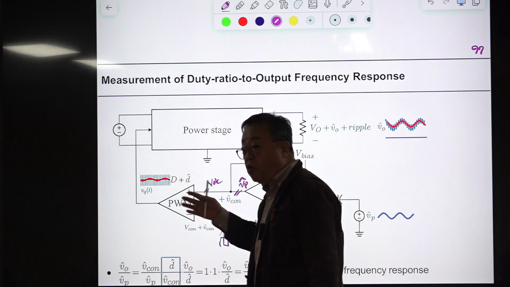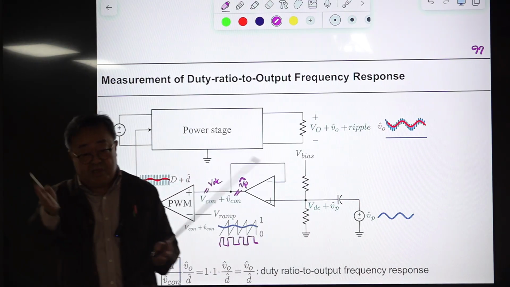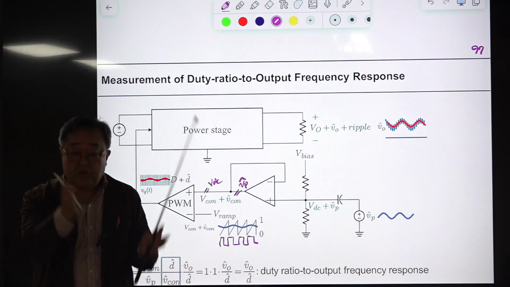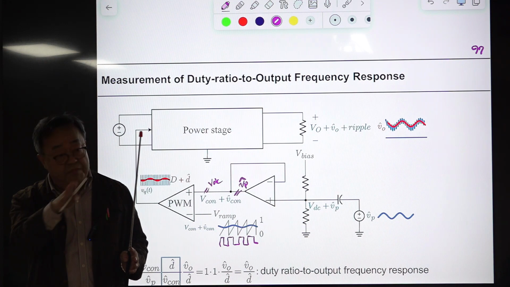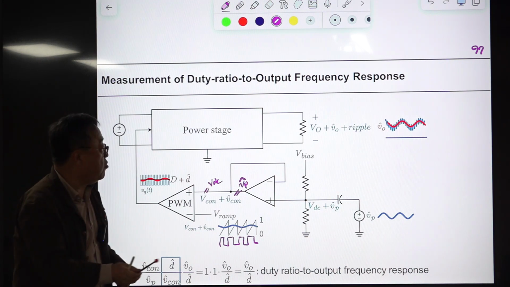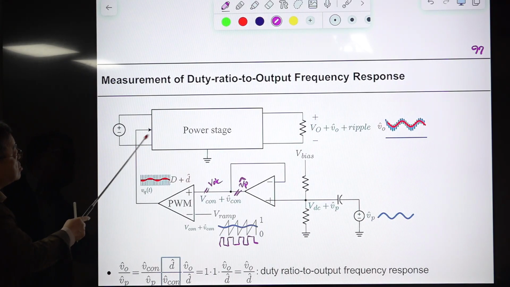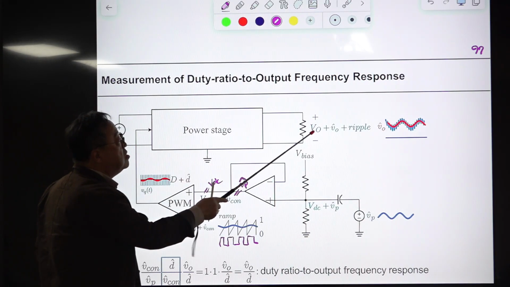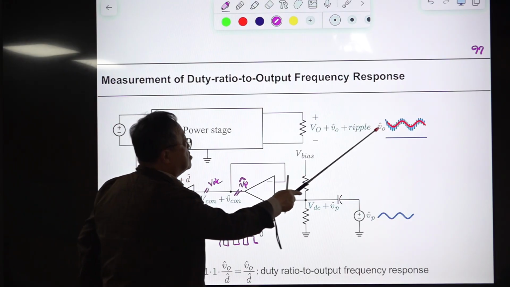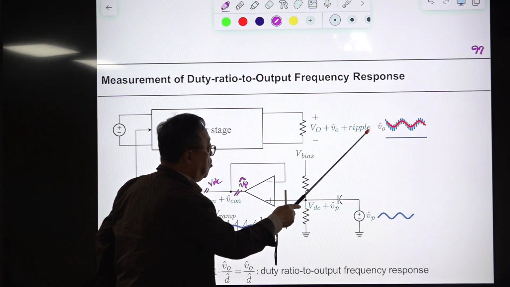One of our assumptions is that everything has the same bias point. At the fixed bias point, this will happen. Then this will go into this. Then the output will be this DC component, this sinusoidal component, and the ripple component.